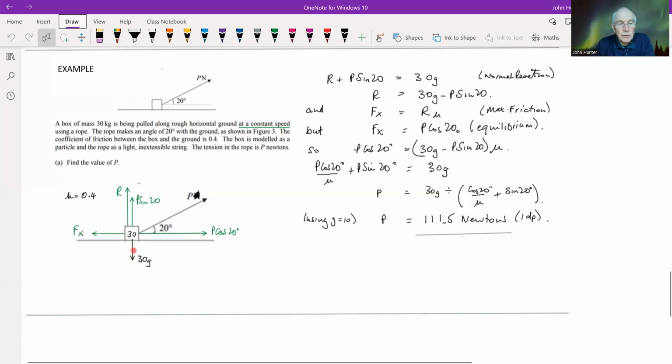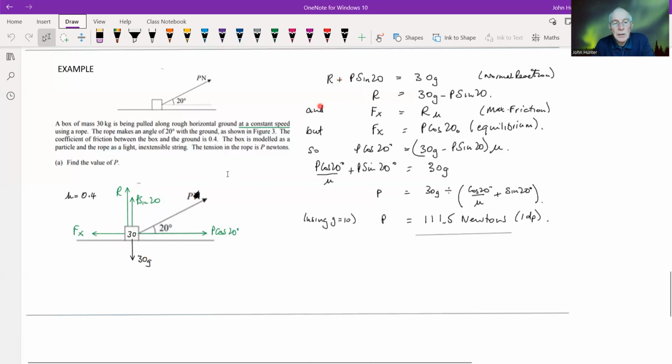Right, so in the vertical direction, we've got the resolved part of P going vertically, P sine 20. We've got the weight downwards, and then we've got the reaction force upwards. So looking vertically, we can actually solve for R, and that's what we've got in this equation here.